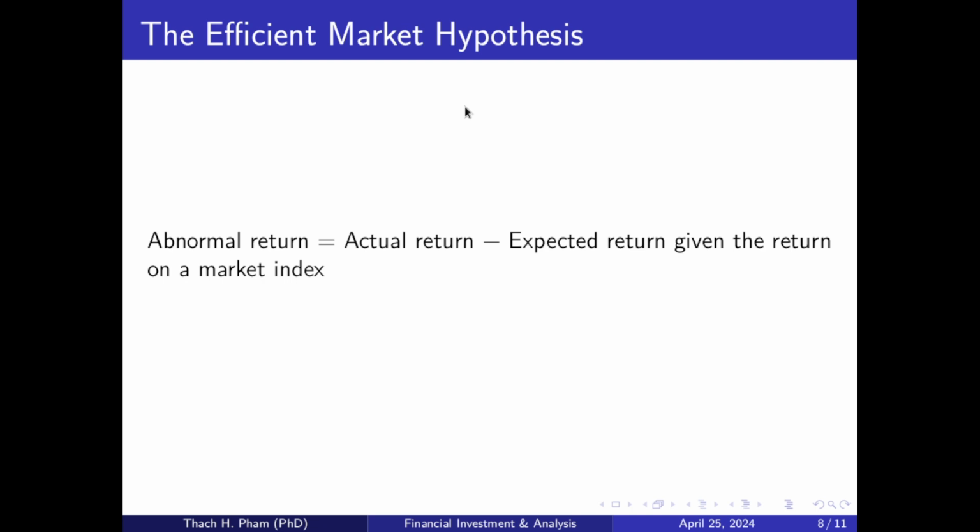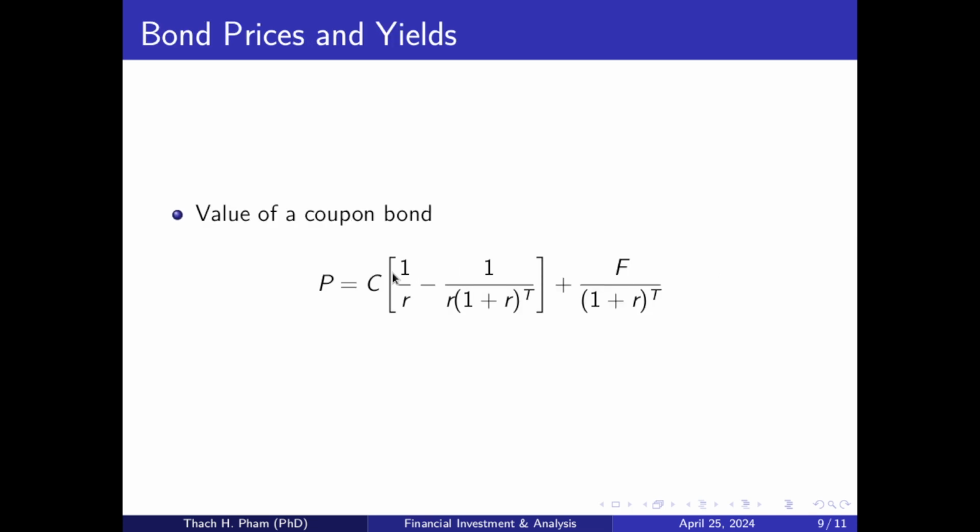For the efficient market hypothesis, we need to understand the abnormal return equals the actual return minus the expected return given the return on the market index. For bond prices and yields, we have to remember the formula to value a coupon bond.